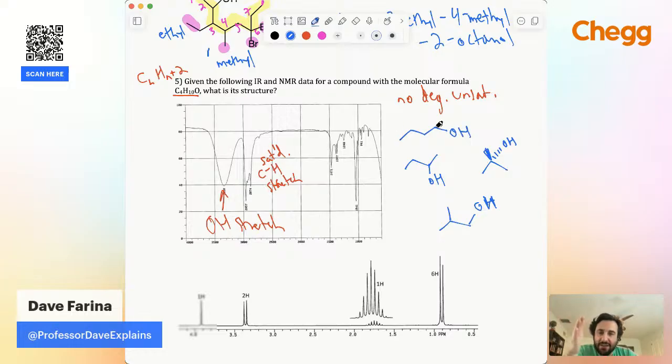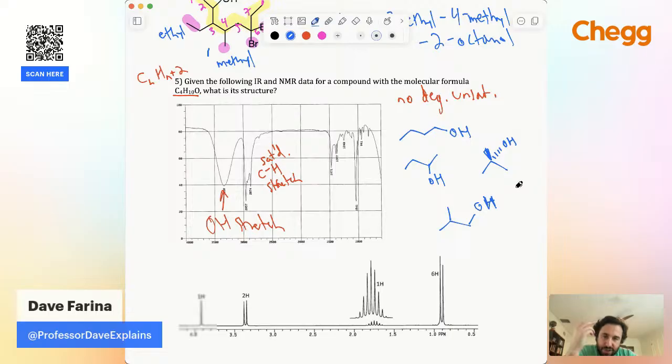So we have the straight chain, and it's only 4 carbons, so you can have straight chain hydroxyl terminal and straight chain hydroxyl internal. If we move the hydroxyl to the other end, it's the same compound again. Then you can just move one carbon over: we can have the isobutyl version, and then there's only one possibility for a tertiary alcohol, so that would be that one. So these are the 4 that come to mind.